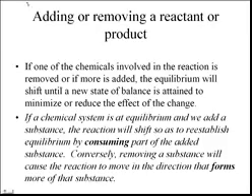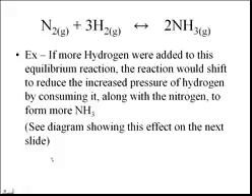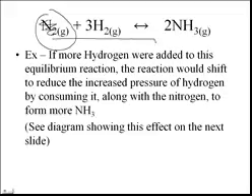The reaction is going to shift to reestablish equilibrium by consuming part of the added substance. So if we add more nitrogen, the reaction is going to proceed in a way to use up some of that nitrogen. Well, the only way the reaction can use up some of that nitrogen is to shift it to the right to produce more ammonia.